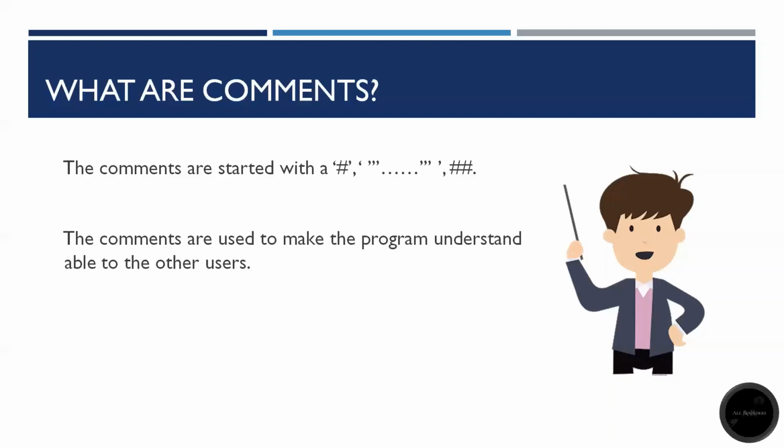So you will write comments on a line to describe what the use of that line is in the program, and that's how a user can understand your program. Here is the syntax of comments. You will write a single hashtag, then write whatever text you want in the comment, then the double hashtag.